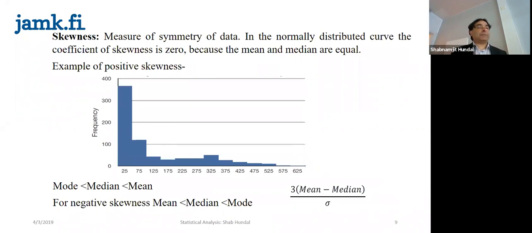Very symmetric. If I give you data right now, 1, 2, 3, 4, 5, 6, 7, 8, 9, and you plot it, believe me, it would be symmetric, because the mean will come exactly in the middle. If you have the numbers from 1 to 9, the middle will be 5.